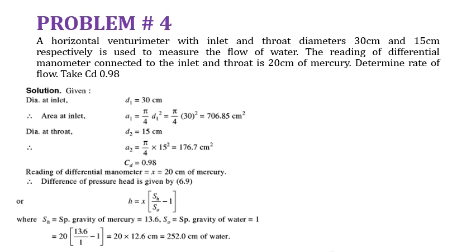So the D1 is 30 centimeter, and we can have area in centimeter square, and similarly A2 is 176.7 centimeter square, and CD was given, it is 0.98, and the reading of differential manometer is 20 centimeter of mercury, and we know we can convert it to pressure head by using this formula, where SH is specific gravity of mercury, which is 13.6, and S0 is specific gravity of water, which is 1.